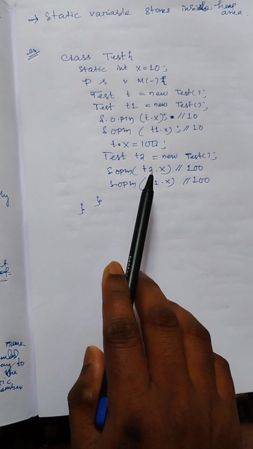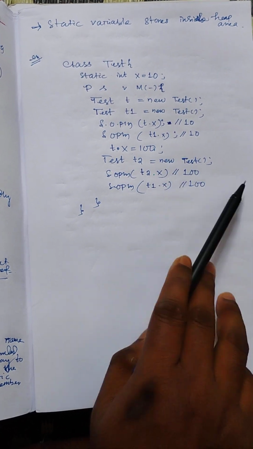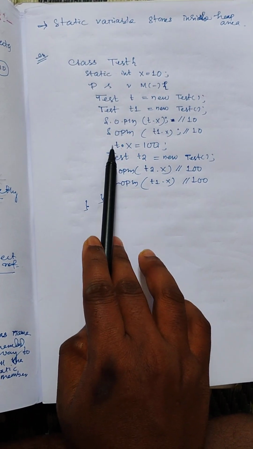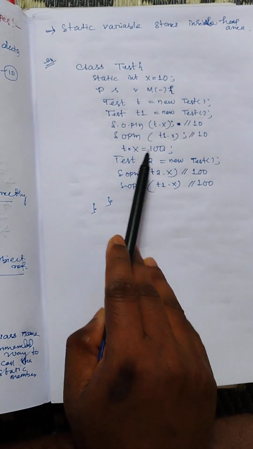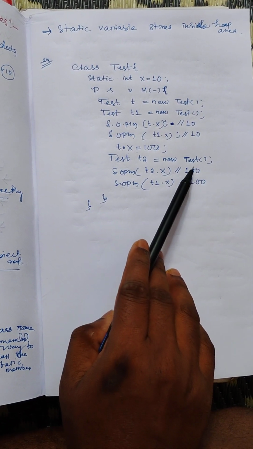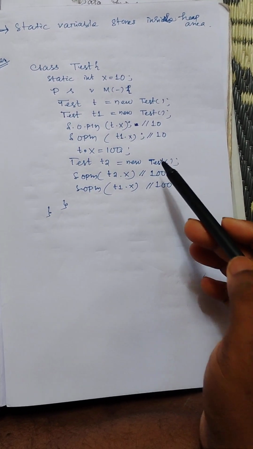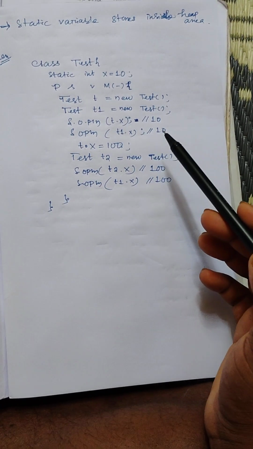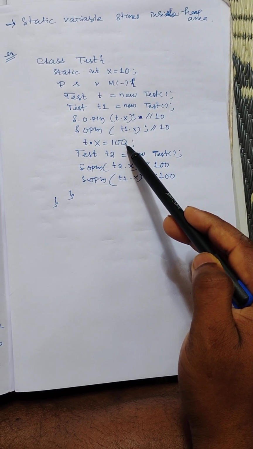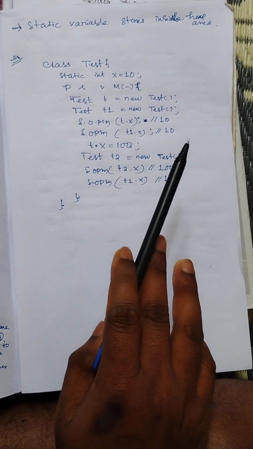The static variable does not change from object to object. It shares the same value for different objects. Here one object, here one object, here one object. I changed it for one object, but it will affect all of them. So as you see, a static variable does not change from object to object. From one object I changed it, and for every object the variable value is affected.